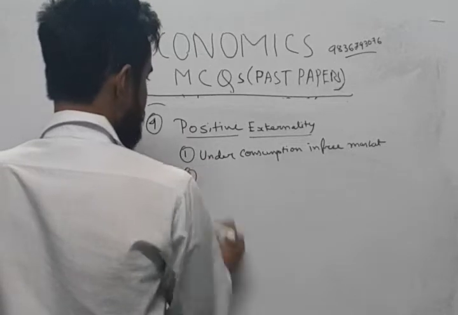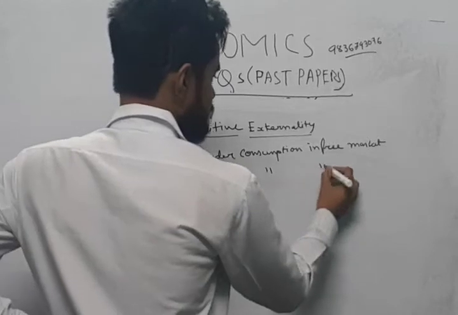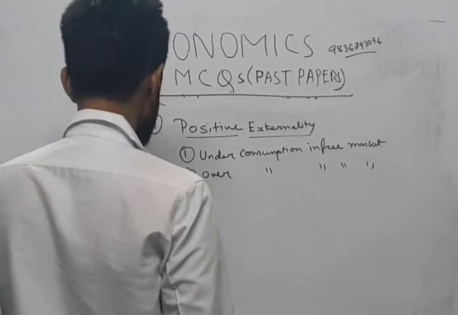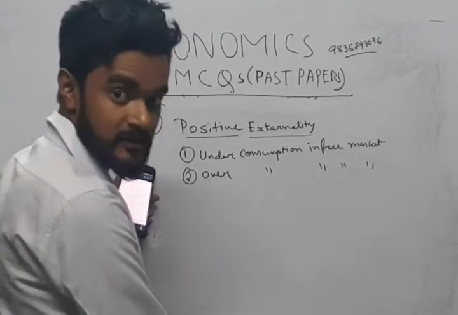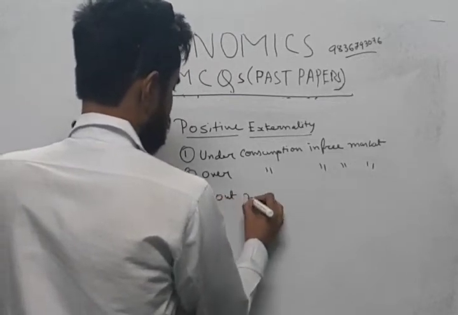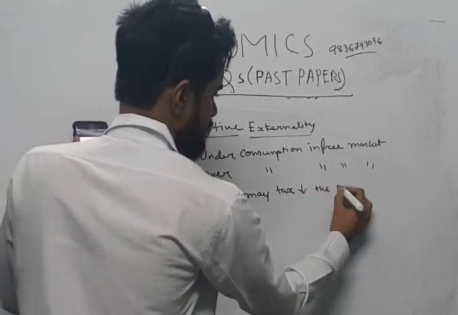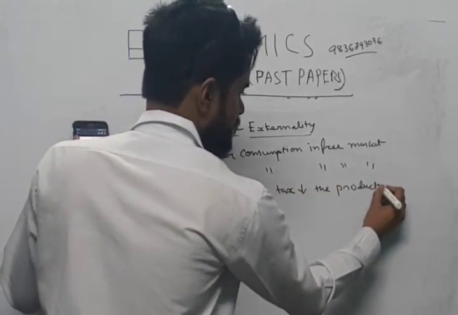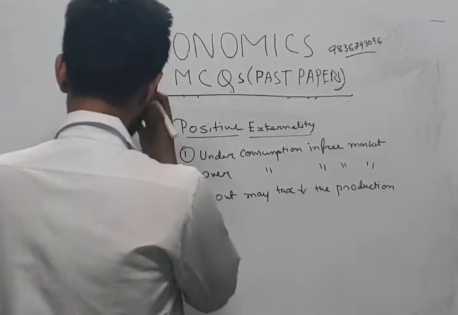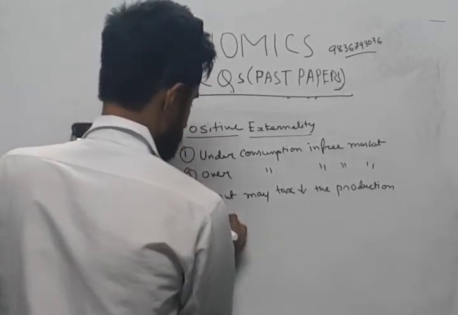Then option 2 is given as there is over consumption in free market. Then the next option is given as government may tax to decrease production. And number 4 is given as society could be made better off if less was produced.